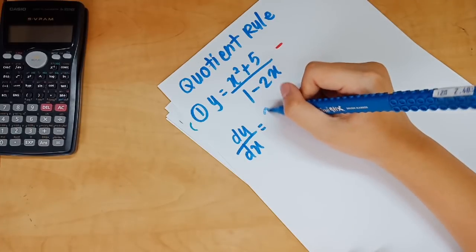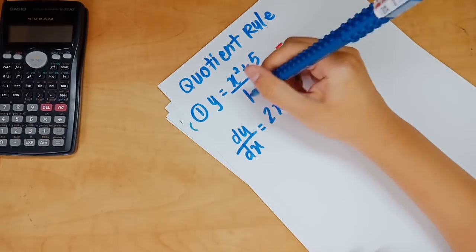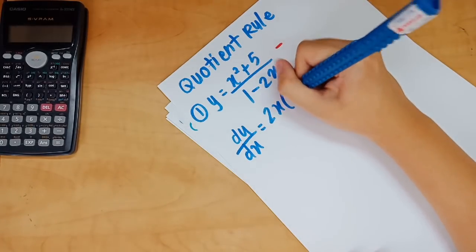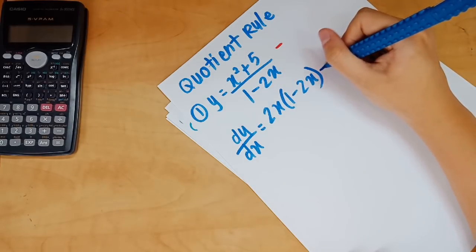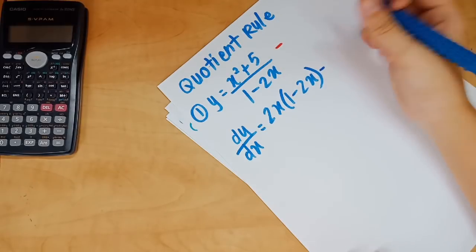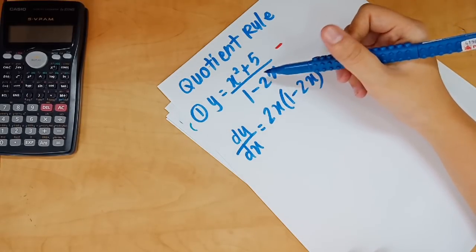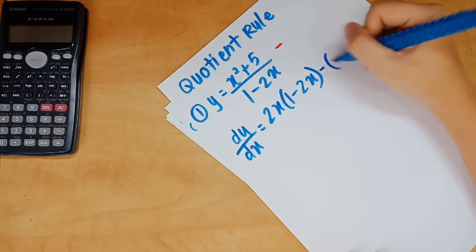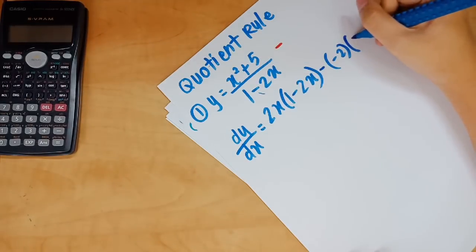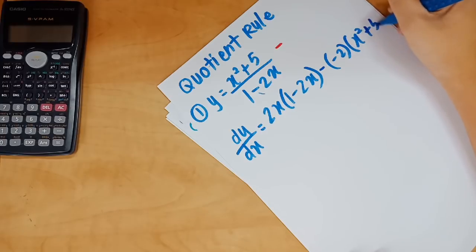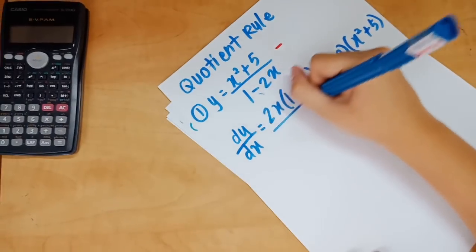Differentiate the top part first, so you'll get 2x. This one you have to copy back exactly. So 1 minus 2x. And minus, remember that's minus. Now you have to differentiate the bottom part. So once you differentiate this, you'll get negative 2 and copy back the top part. And over.